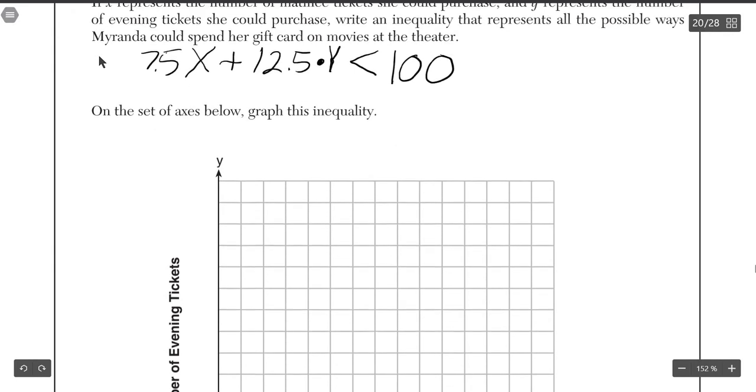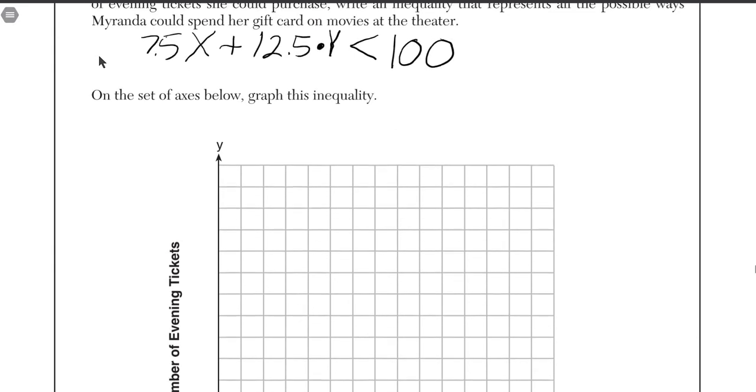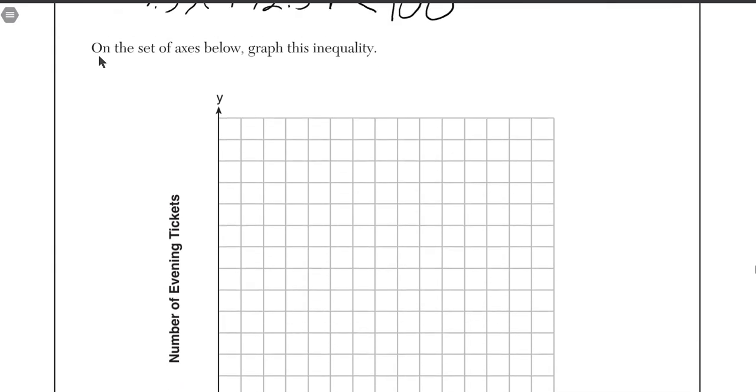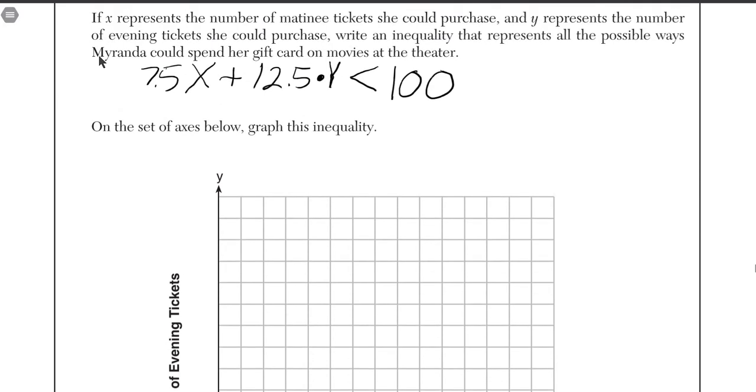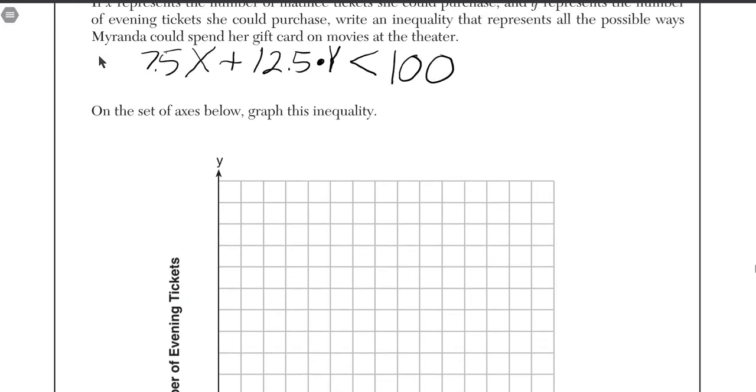Now they're asking us, on the set of axes below, to graph this inequality. So how do we do that? Well, I suppose the first thing to do would be to get y alone. If we get y alone, then we can just graph it on our calculator. That's going to take a drop of algebra.